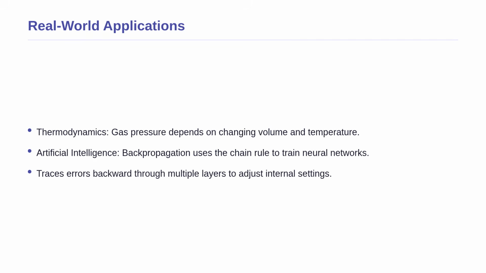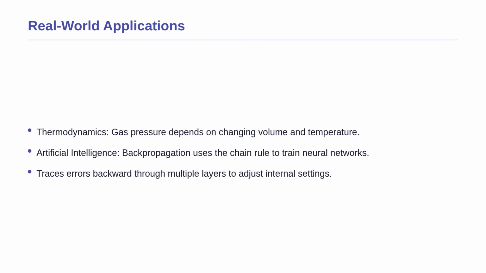Now that you know how to calculate these rates of change, you might wonder where this is actually used. The multivariate chain rule is an absolutely essential tool in almost every branch of modern science and engineering. In thermodynamics, for example, the pressure of a gas depends on its volume and temperature, both of which might be changing over time as a piston moves.